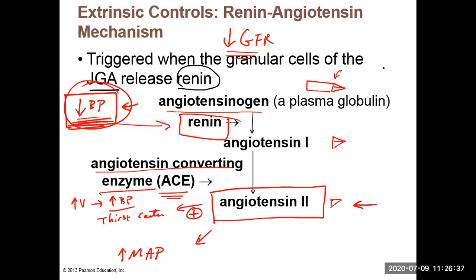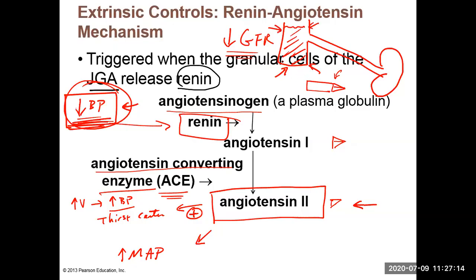So in order to understand that, think about the kidneys right over here, all right? And let's say these are the renal arteries. Maybe I shouldn't draw it like that because you might think it's the ureter. So this is the renal arteries, okay? And let's just say hypothetically, you have a bucket of blood in here. What happens if you squeeze in here?